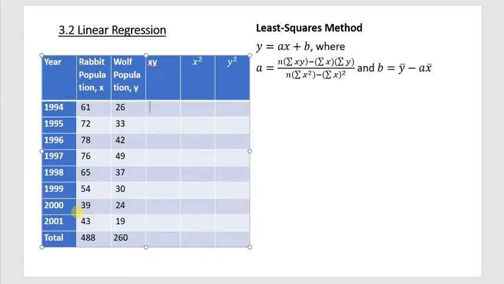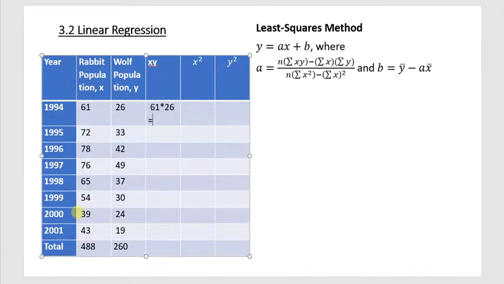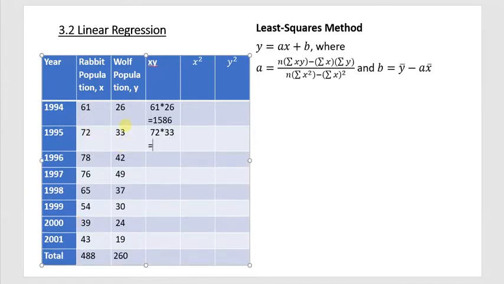Okay, and then X times Y is going to be 61 times 26, and I get 1586. And this is going to be the 72 times the 33, right? The X times the Y. And I'm going to get 2376. And I'm going to do that all the way down.